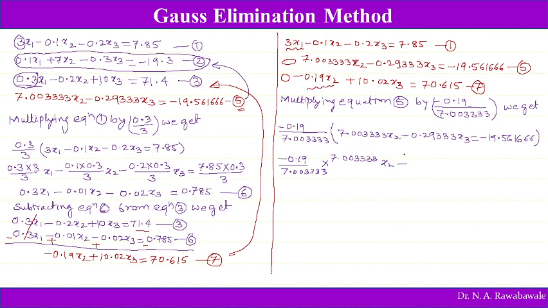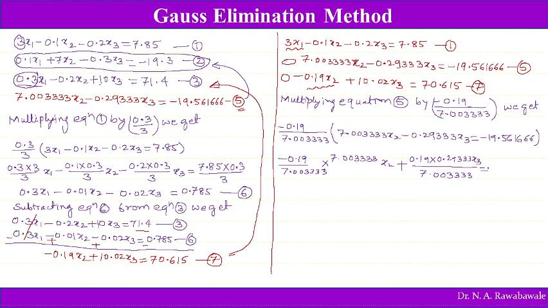Minus and minus becomes plus: 0.19 into 0.293333 x3, divided by 7.003333, which is equal to minus minus again plus.